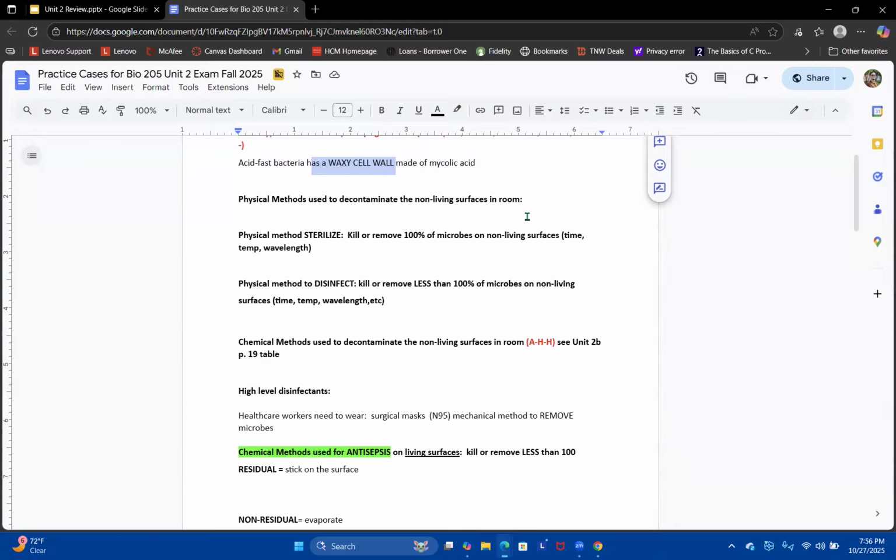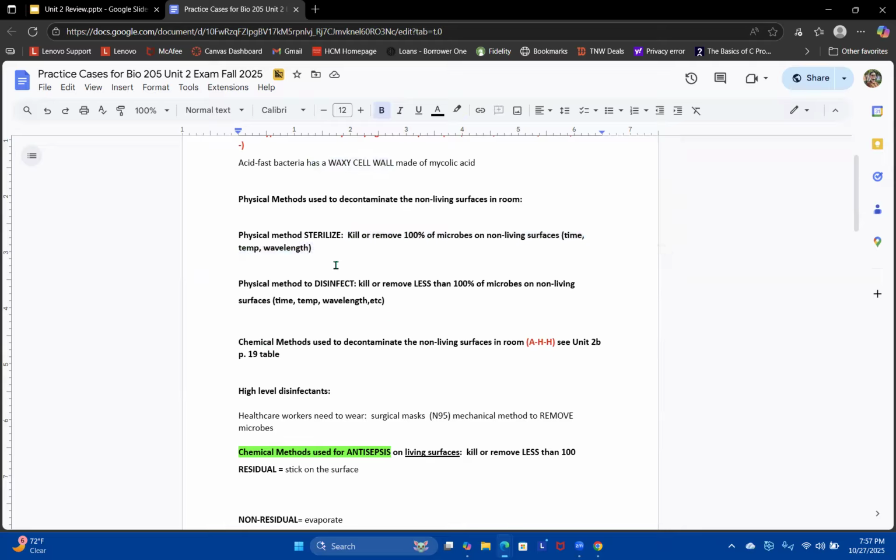You're going to be asked, give me 2 methods to physically decontaminate the non-living surfaces. So you'll go through, all right, I'll write my 2 methods. Then it's going to be like, give me a method or 2 methods to sterilize these microbes. And you can see that we gave you the definition here.